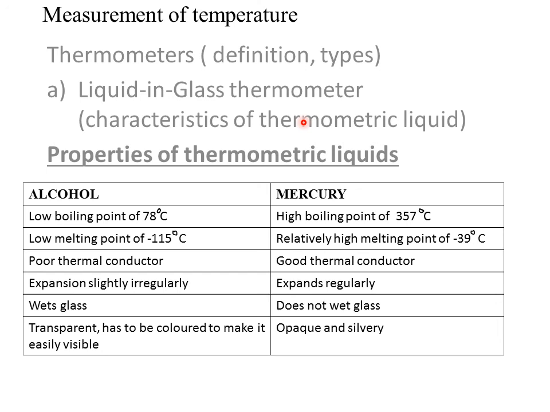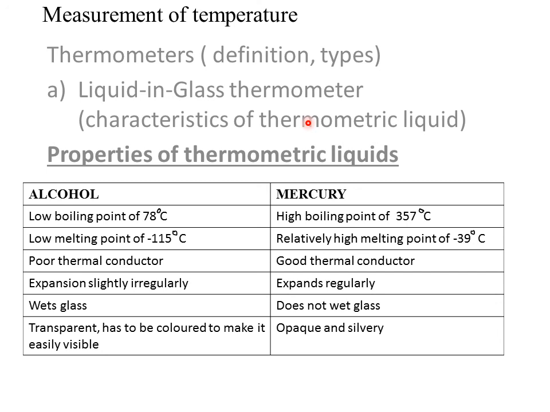Then the third property is that the thermometric liquid should not stick on the glass, or it should not wet the glass being used. That's why we don't prefer using water, because water in most cases will wet the glass tube.